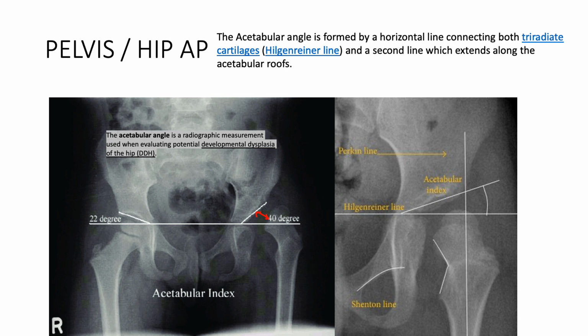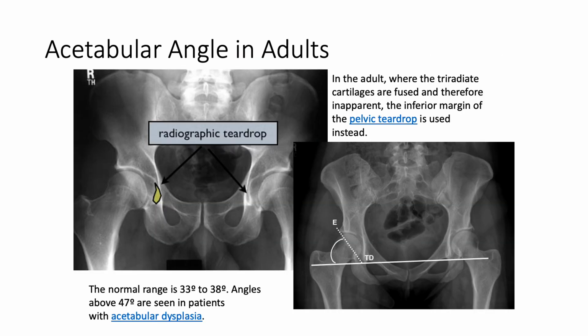The acetabular index is also useful in adults. In adults, since the triradiate cartilages have already fused, we look for the radiographic teardrop.